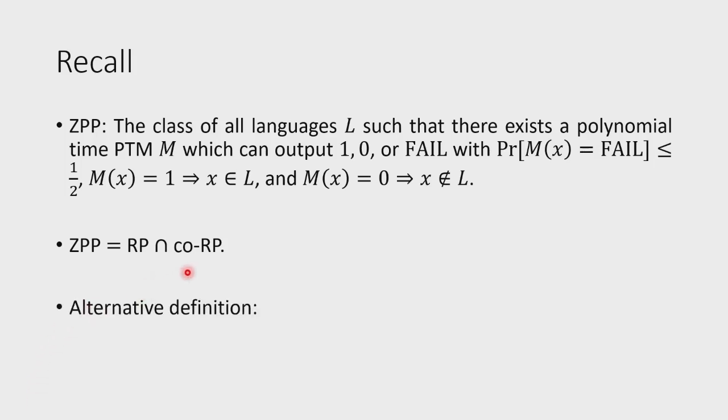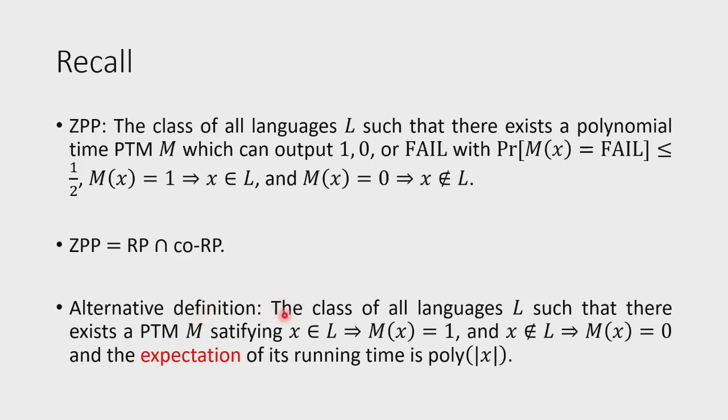And there is an alternative definition for ZPP. It's a class of all languages L such that there exists a PTM M satisfying: X is in L implies M(x) equals 1, and X is not in L implies M(x) equals 0. So this Turing machine always outputs 1 or 0. It does not output fail.